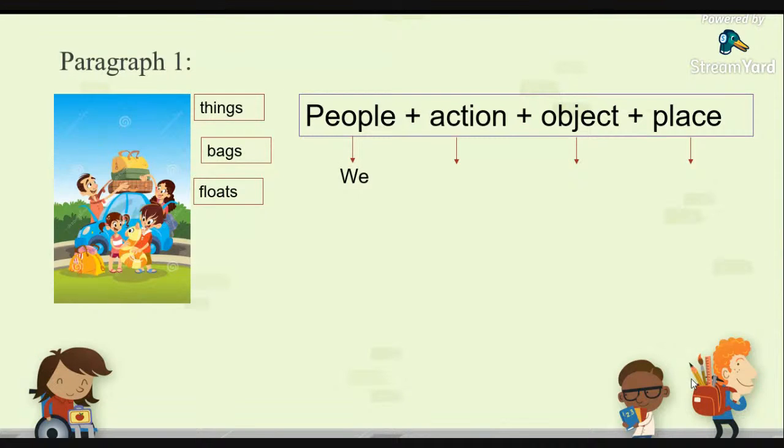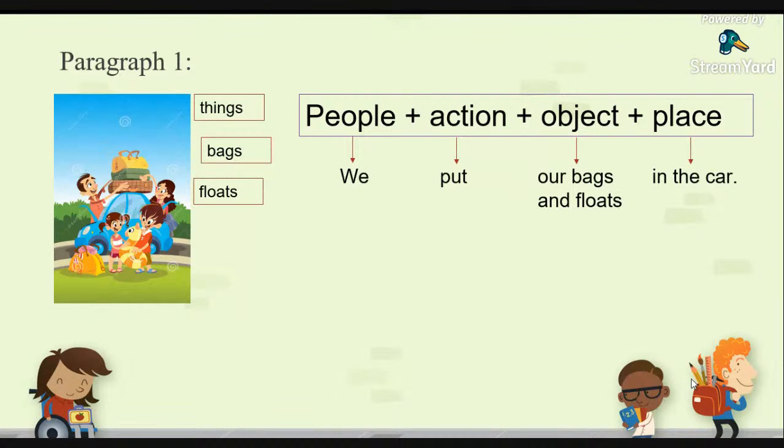Who are the people in the picture? We. Tak nak dah asyik guna my family kan? Kita guna we. We use pronoun we. And then, what do we do? Kita letak, kita guna verb put. Put what? Object, benda apa? Our bags and floats. Where? In the car. Okay.